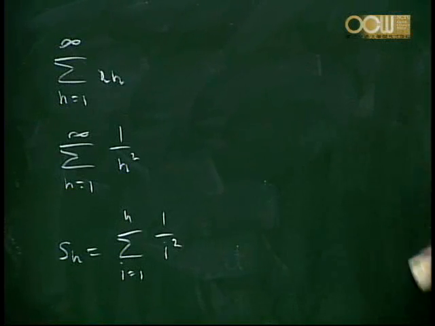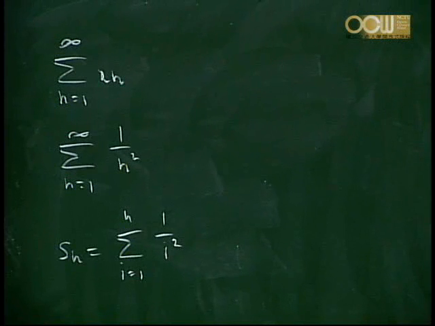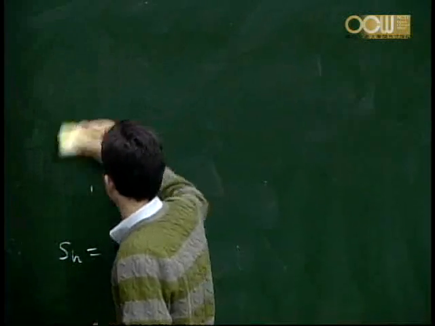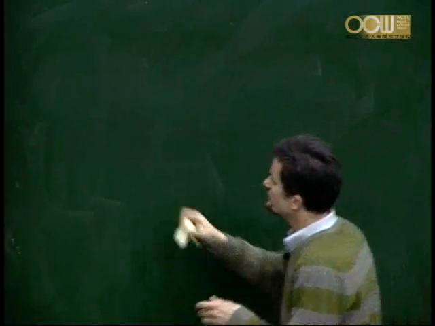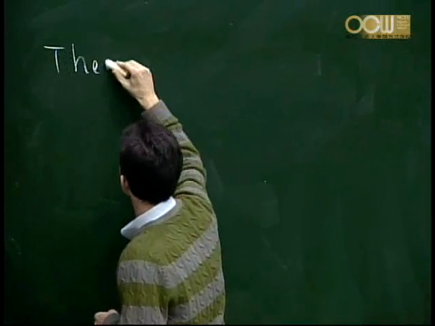Now, the first thing we observe for a convergent series is the following result, which is already useful in order to determine whether a given series is convergent or not. This is also the first result you see in our textbook.